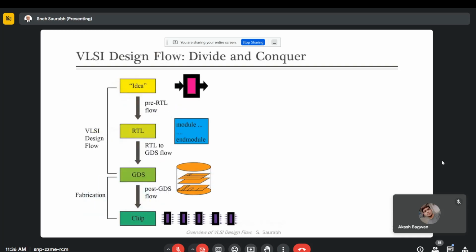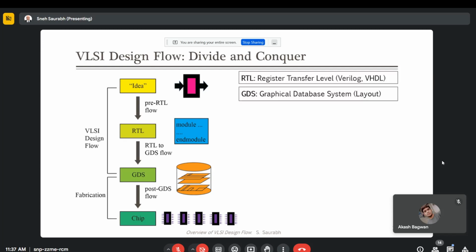So now this task of designing a chip has a few important milestones, right? So what are these milestones? The first milestone is the RTL. We have a functional description of our chip, and from the functional description we derive an RTL.